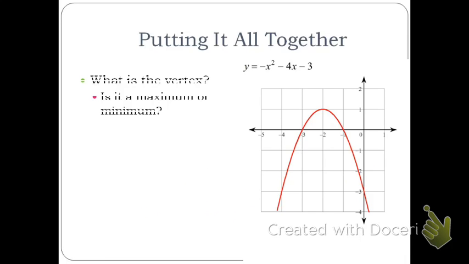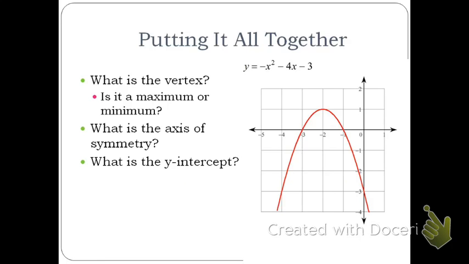Let's see if you can answer them all on this one. What is the vertex? Well, it's this point right here. Oops, there we go. Finally got to draw it there. The vertex is right there. It's at the highest point of the parabola, so it is a maximum.